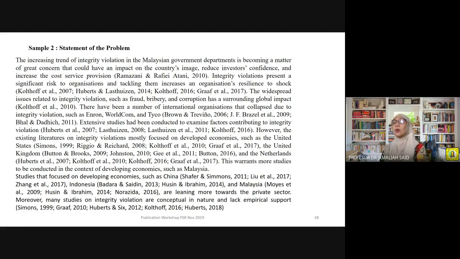In the last paragraph, however, the existing literature on integrity violation mostly focuses on developed economies, such as the US, the UK, and the Netherlands. The last sentence of his first paragraph says this warrants more studies to be conducted in the context of developing countries. Why? Because in developing countries, the fraud is as bad as in other countries.